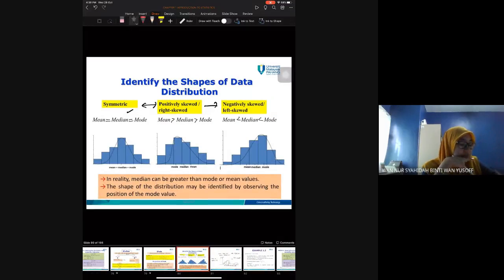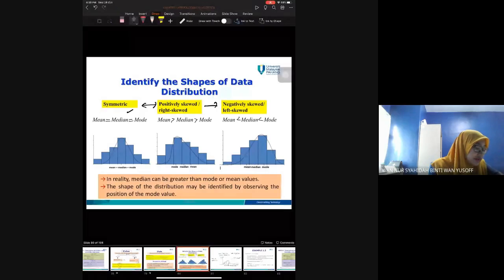So based on the mean, median, and mode, we can determine the shape of our data distribution. That's why I said this is the second method that we use to determine the shape. The first one is by histogram. The second one is by measure of central tendency, which here means the mean, median, and mode. So how do we determine the shape?